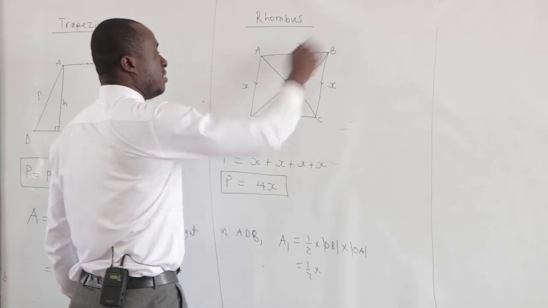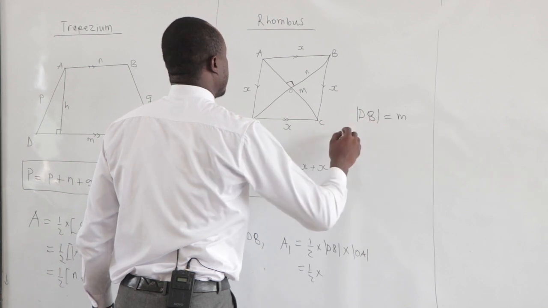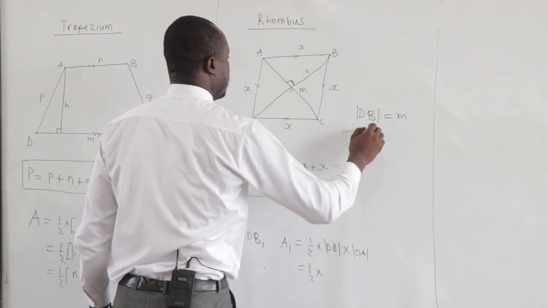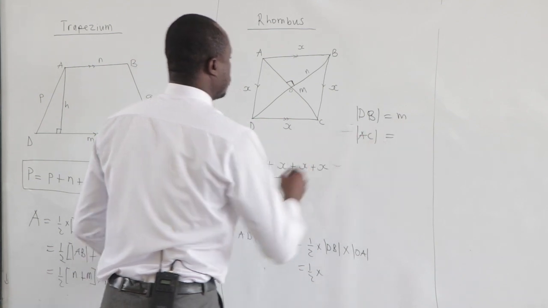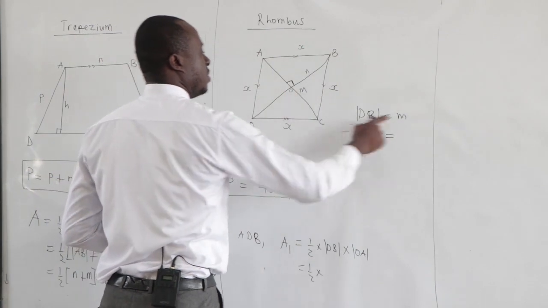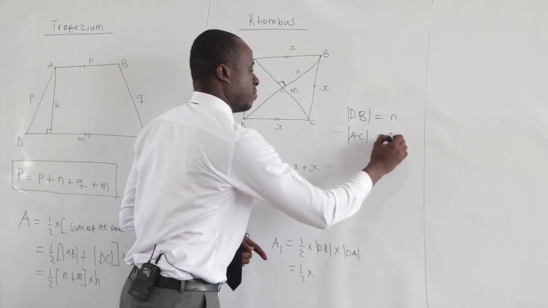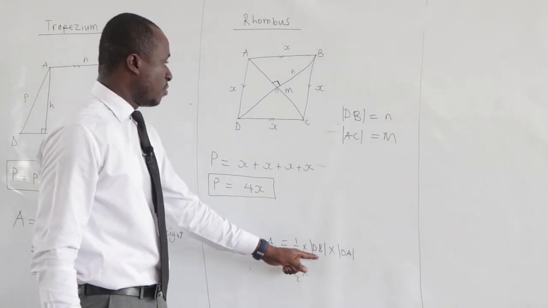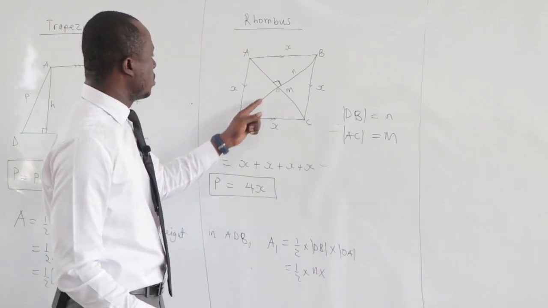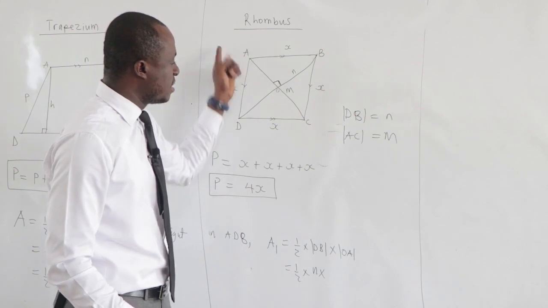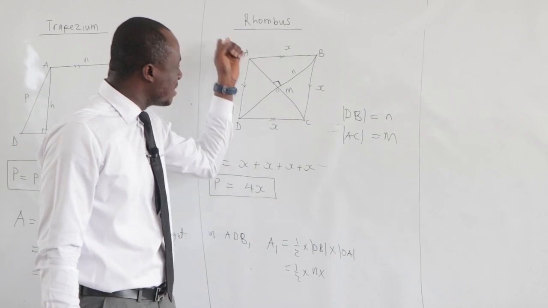Now what is DB? DB is N, and the length AC is M. Now AC is M. OA, the line DB is bisecting AC.